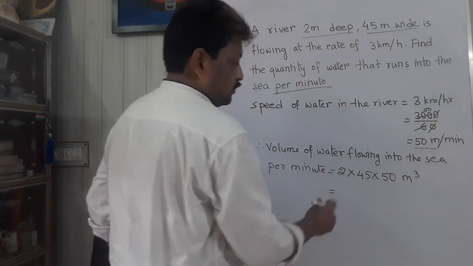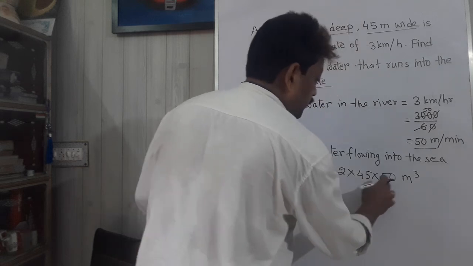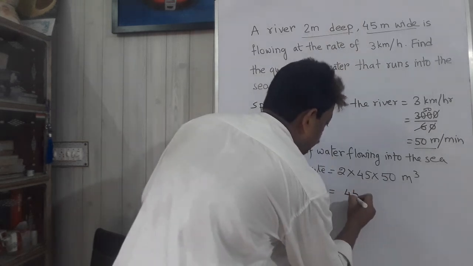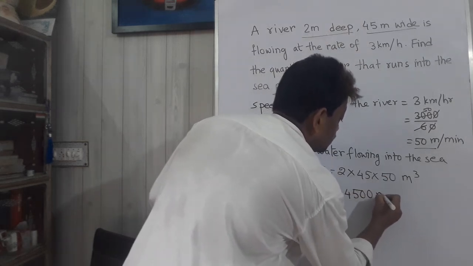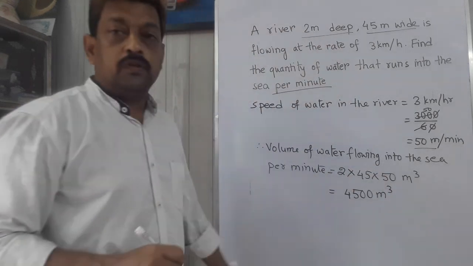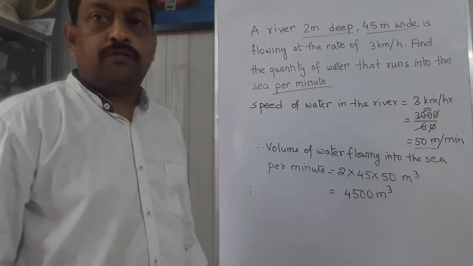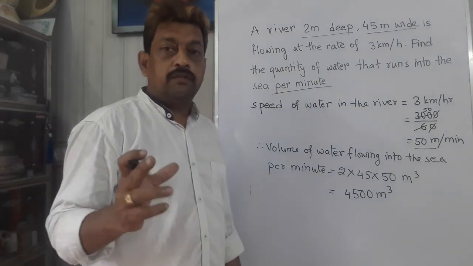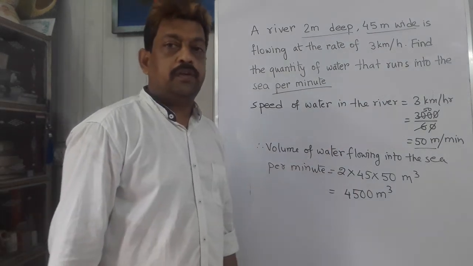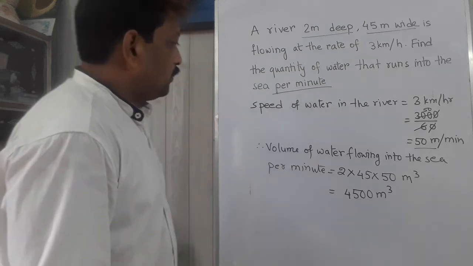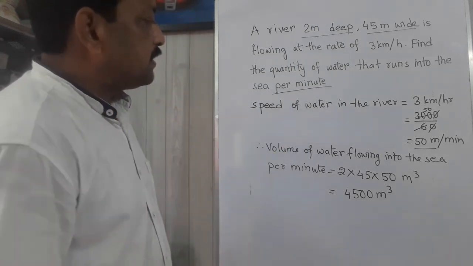Okay, so this is 90, 450, 4500 meter cube is the answer. This is also an easy one, only the trick is that we have to calculate the length of water column from the speed of the water. Okay, so that was also a very simple sum.